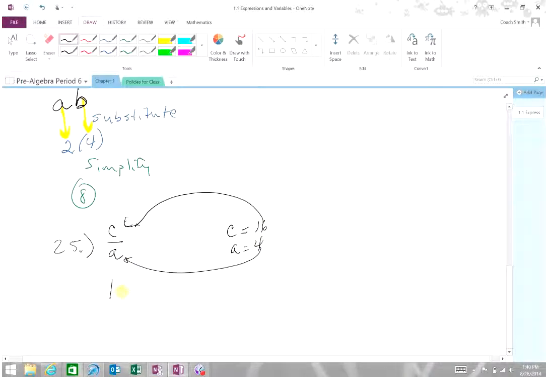And that gives us 16 over 4, which just means you're dividing. Remember, 4 is on the outside, 16 on the inside. And that gives me 4 over 1. We want to simplify it, so 4 over 1 would not be correct, because that's not the simplest name for 4. Okay? 4 is obviously the simplest name.